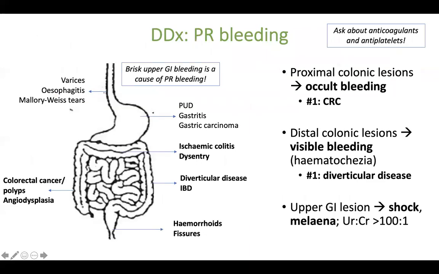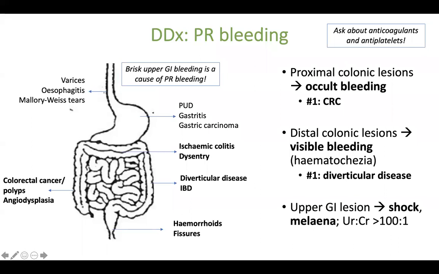Okay, so PR bleeding, I essentially get these four regions and I write out, okay, so this is probably going to be hemorrhoids or fissures. Affecting this part of the bowel, diverticular disease or IBD. Affecting this part of the bowel, ischemic colitis or dysentery. And affecting this part, colorectal cancer or angiodysplasia.